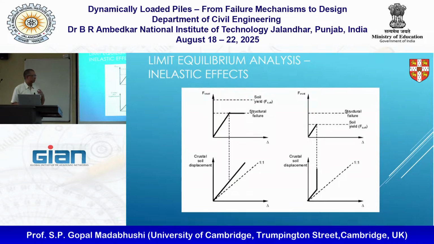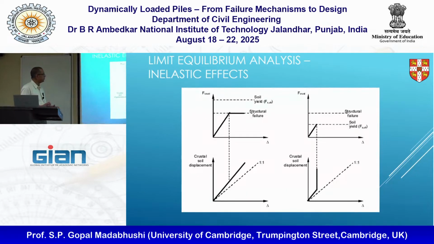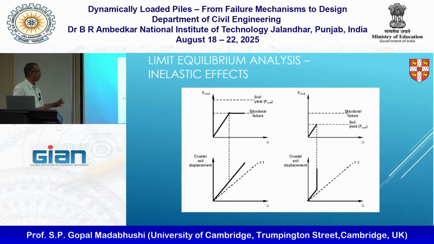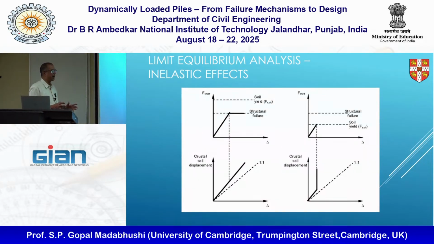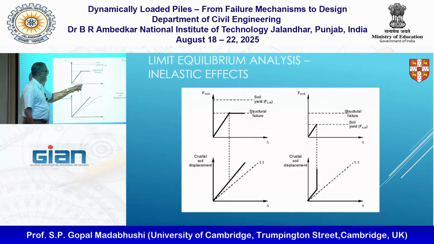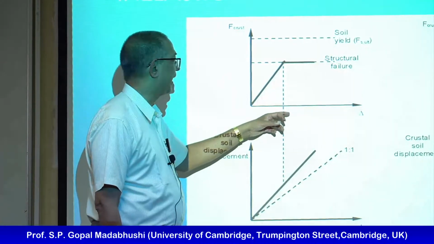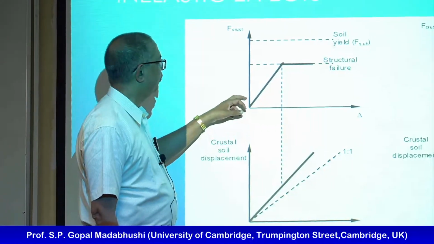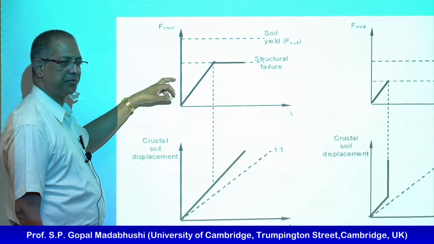However, we are also interested in when the pile is actually going to fail. So what you want to think about is what is the delta I'm applying to the pile compared to the force from the crust.